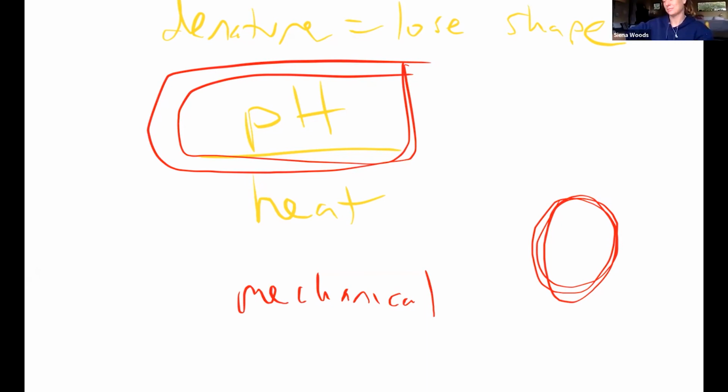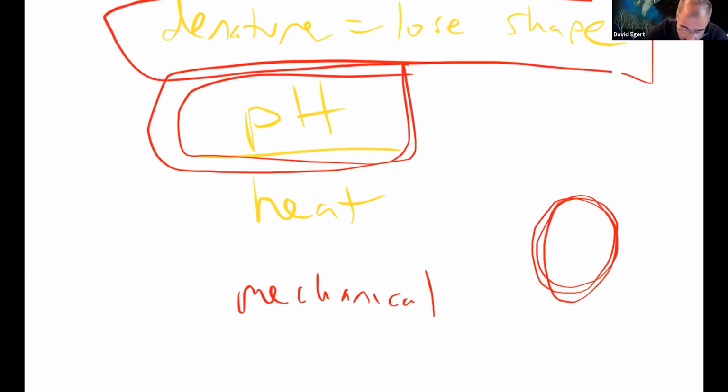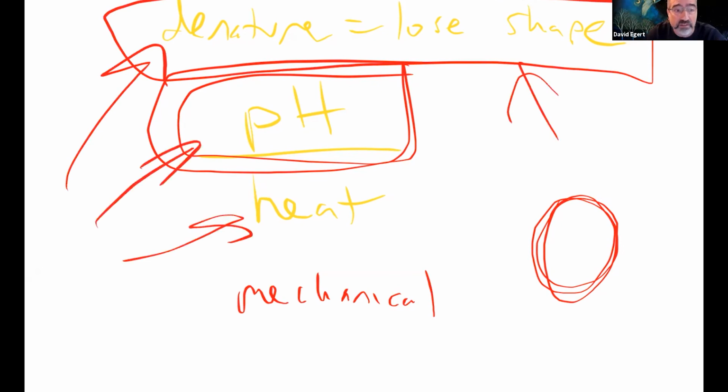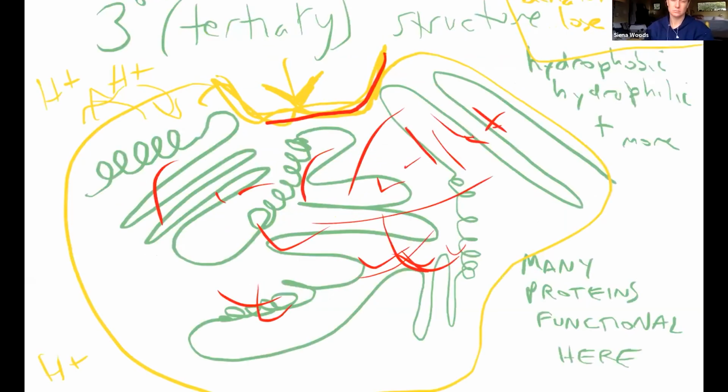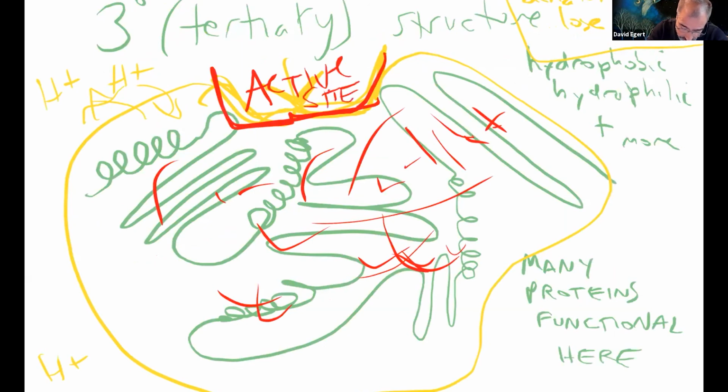So it's worth remembering what kind of things denature, particularly heat and pH, in the context of our bodies, because enzymes are going to lose their function if they lose their shape. Some of the people in the warm-up quiz talked about the active site. You want to make sure you remember that an enzyme works because it has a particular active site that will specifically bind the substrate.